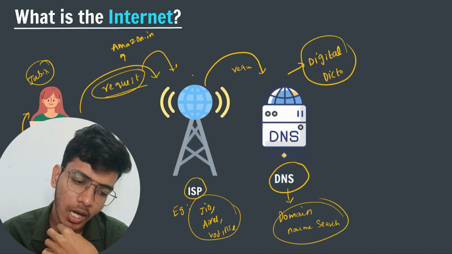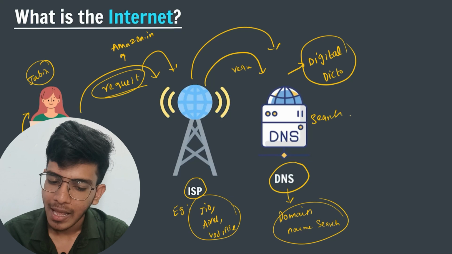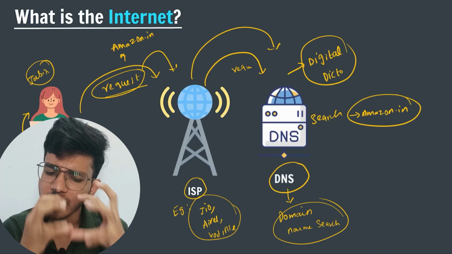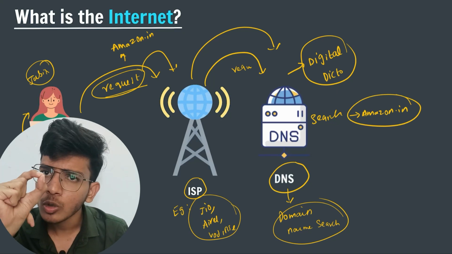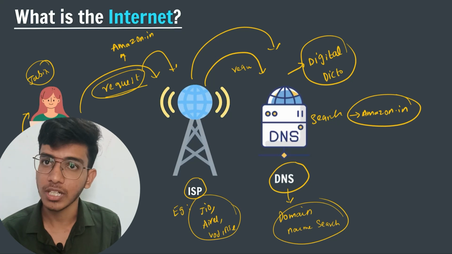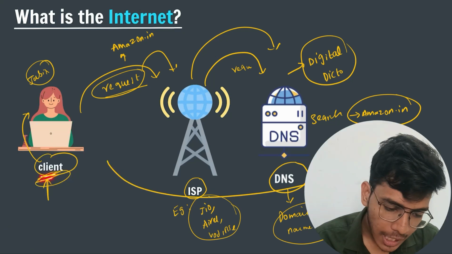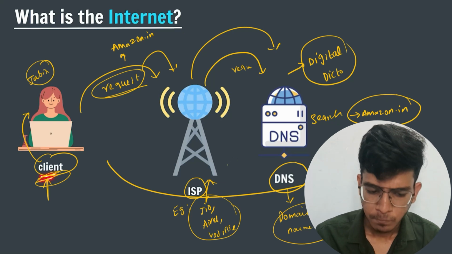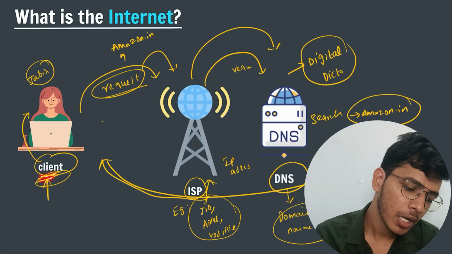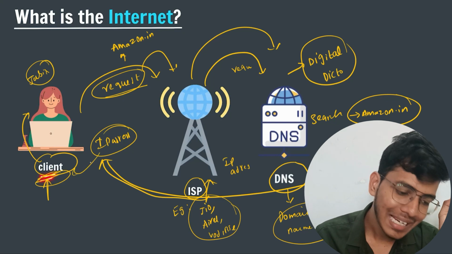So ISP will send the request to DNS, and DNS will search amazon.in in itself. Okay, after searching amazon.in, it will return back the IP address of the domain name. So here it will return the IP address to the internet service provider, and this internet service provider will return the IP address to my client.